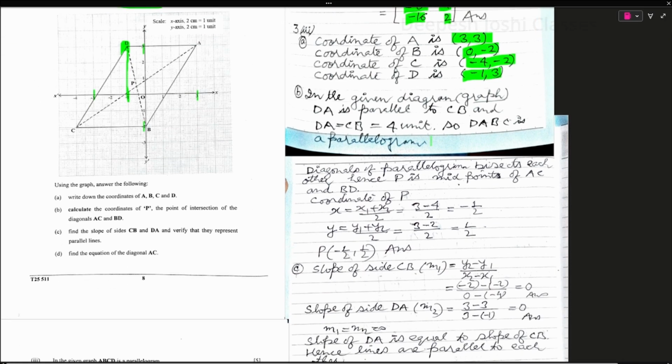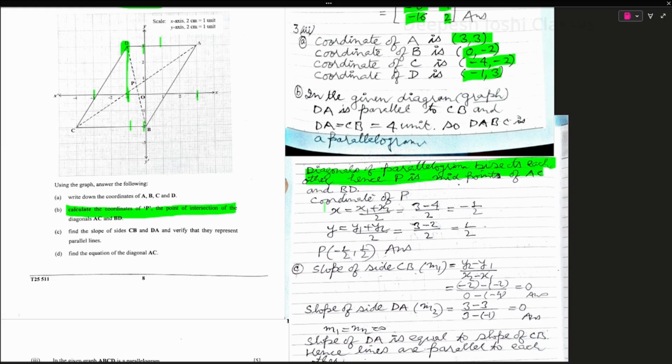In the given diagram, we have to find the coordinates of point P. ABCD is a parallelogram, so sides are equal and parallel. The diagonals of a parallelogram bisect each other. So P is the midpoint of AC.